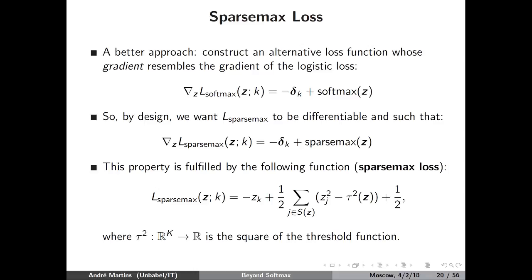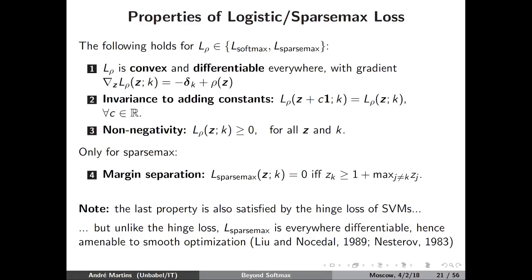But it turns out that if you look at the properties of this function, there are a lot of things that make sense. First of all, both for softmax and Sparsemax, this loss is convex and differentiable everywhere, and the gradient looks exactly like what we wanted: minus a delta distribution plus the transformation itself.